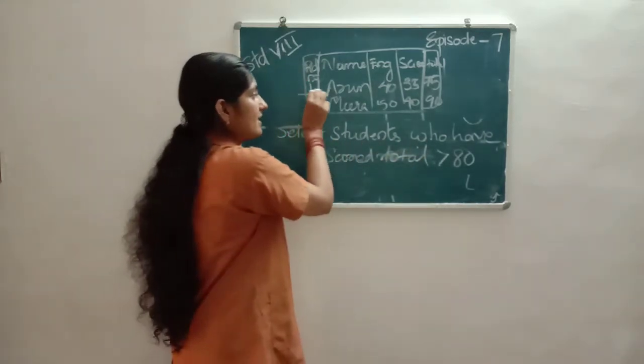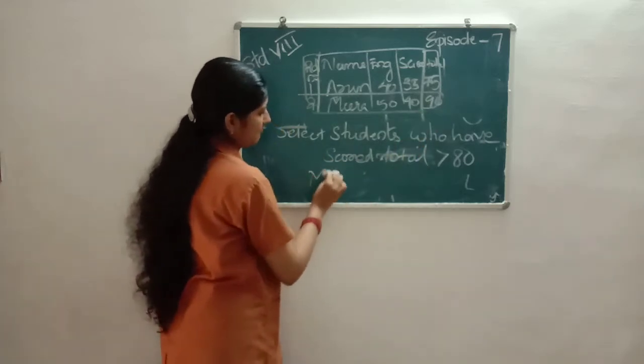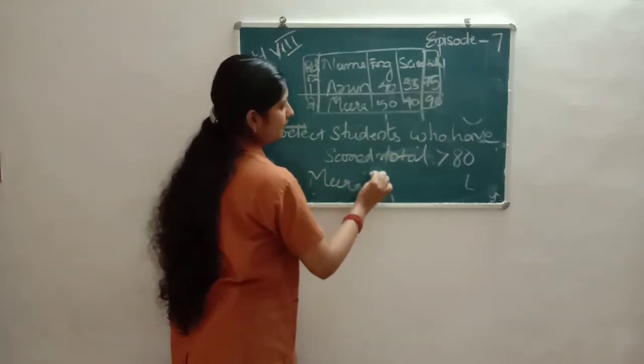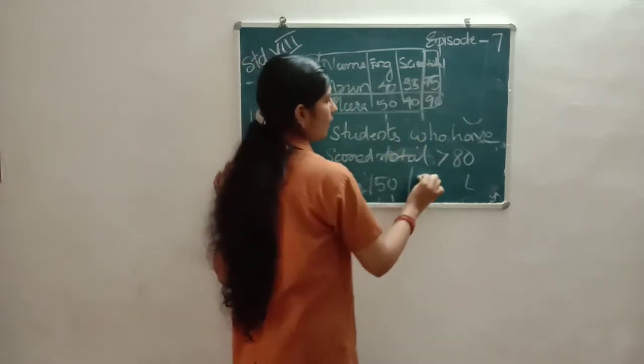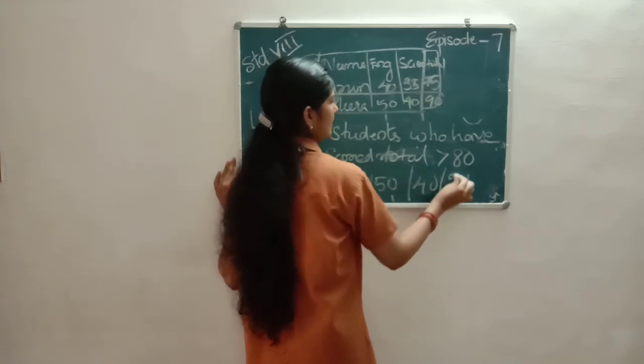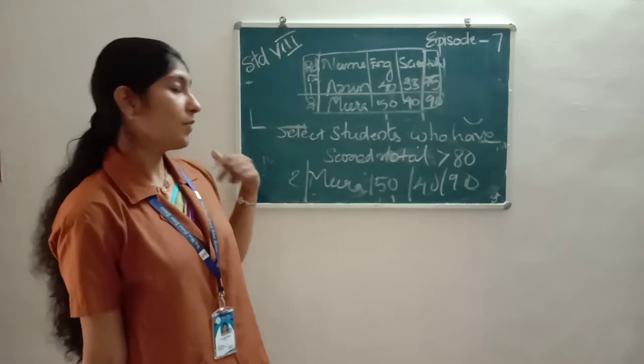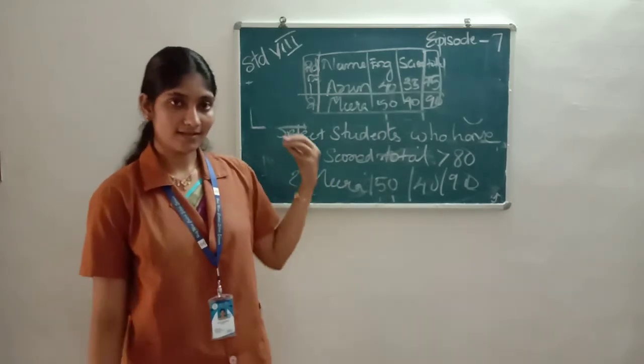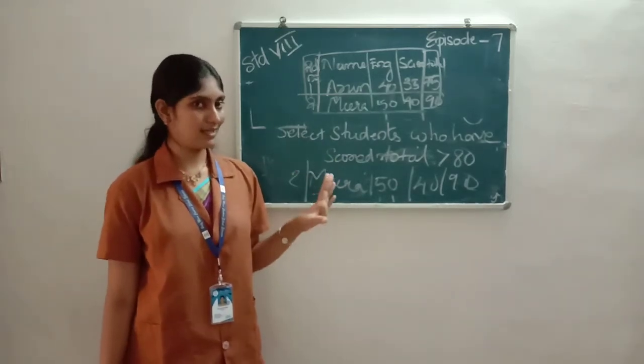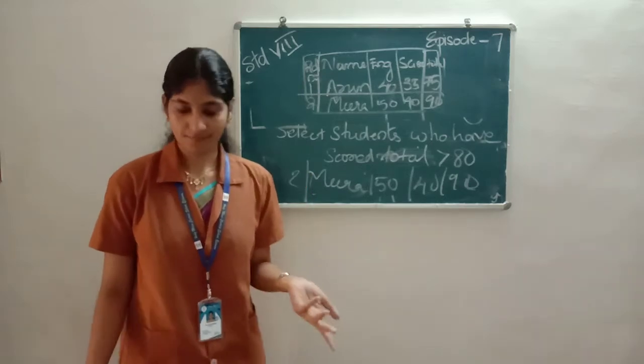So what is the result? Meera. That is Meera, 50, 40 and 90. This is roll number 2. So here is the result. So we have to display the results according to some criteria. So that is the query.